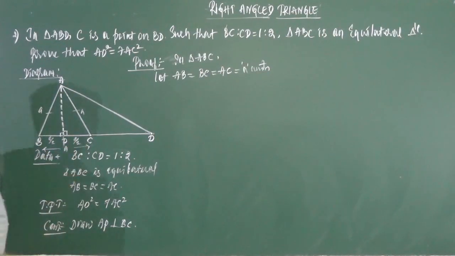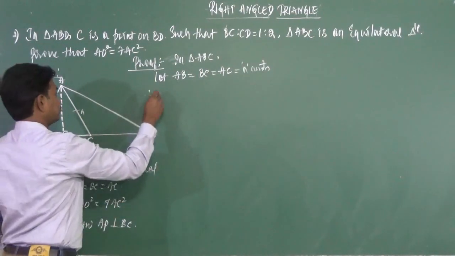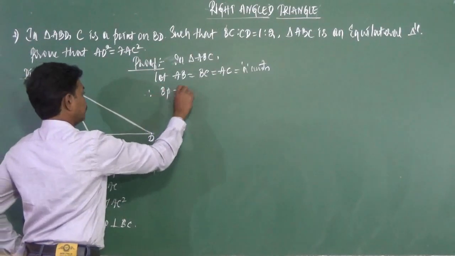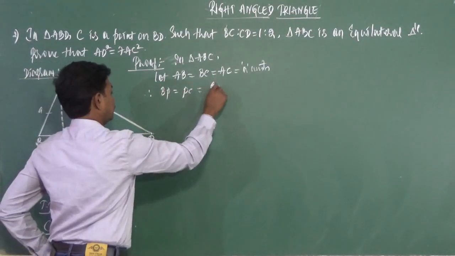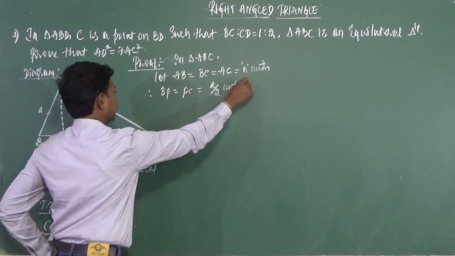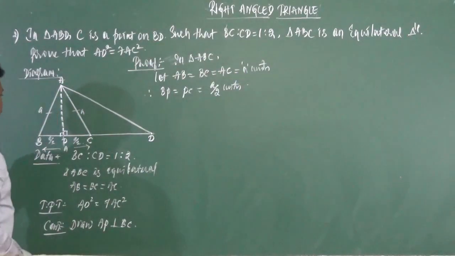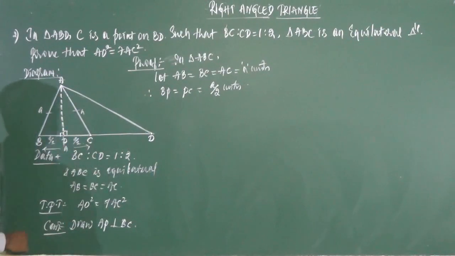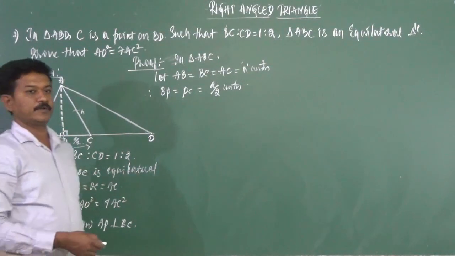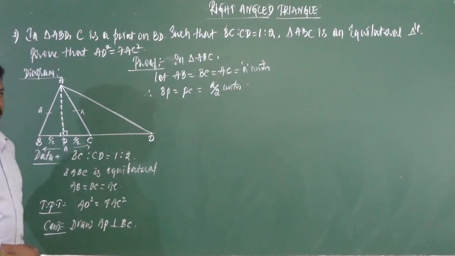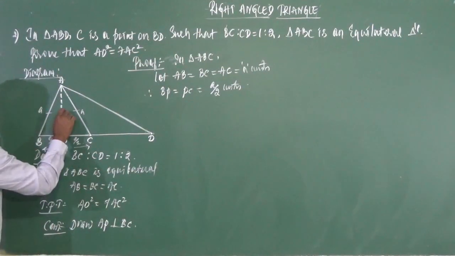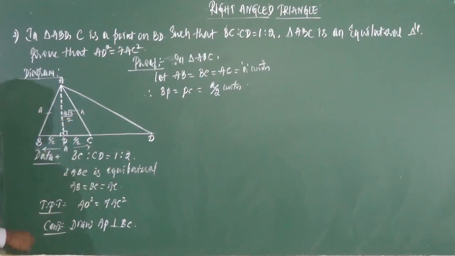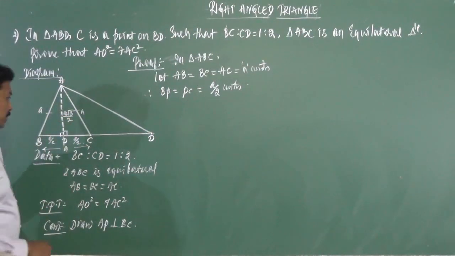So therefore, BP is equal to PC is equal to A by 2 units. Right. So AP, in the previous session we have derived the formula to find the height of an equilateral triangle. So that comes to A root 3 by 2. So this is the formula to find the height of an equilateral triangle.